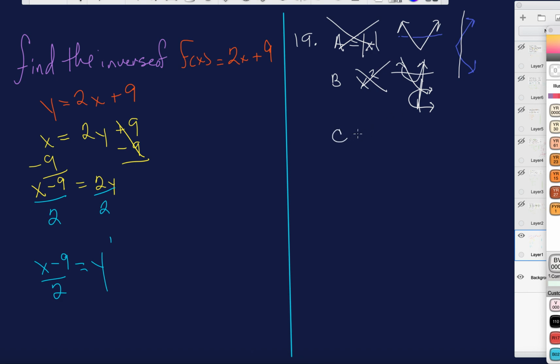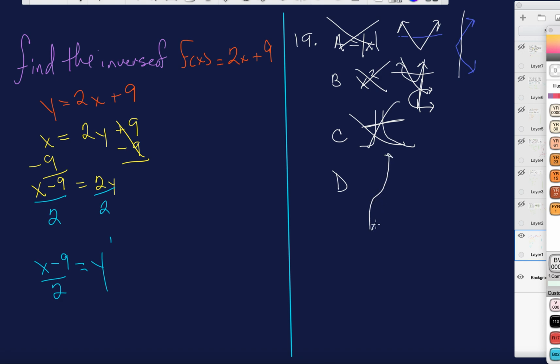Letter C, believe it or not, is very much like it. It is a function that looks like this. It doesn't pass the horizontal line test, so we're just going to dump it anyway. The last one, letter D, is our cubic function, which looks like this.